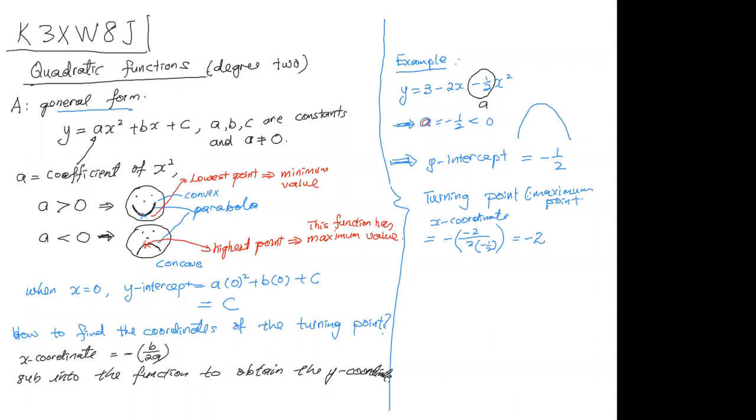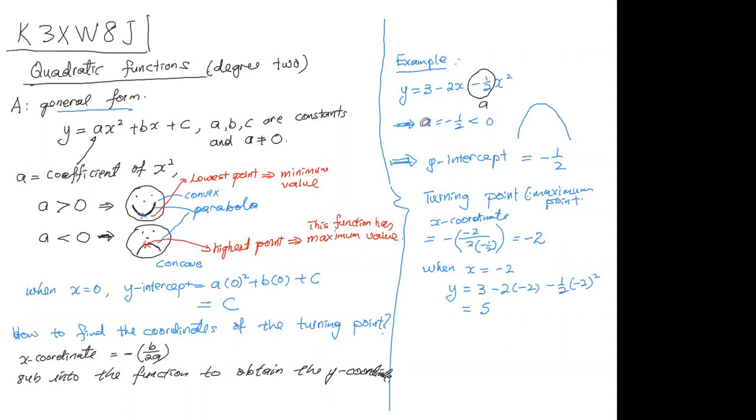Then when x equals negative 2, my y is equal to 3 minus 2 times negative 2 minus half times negative 2 squared. If you use your calculator, you will get 5.